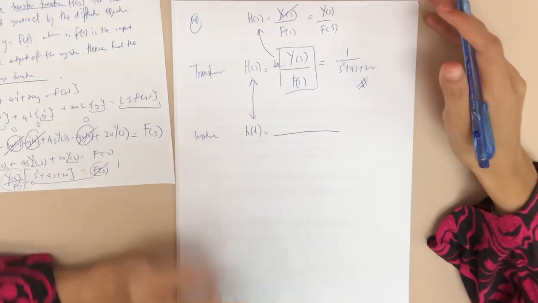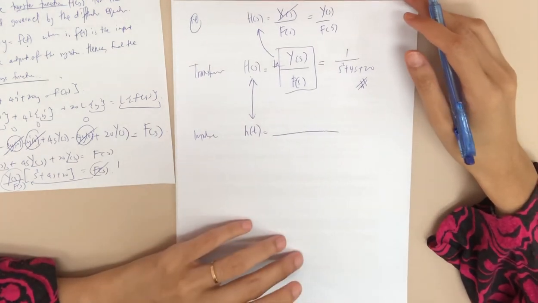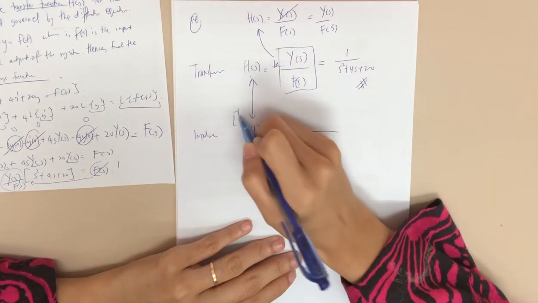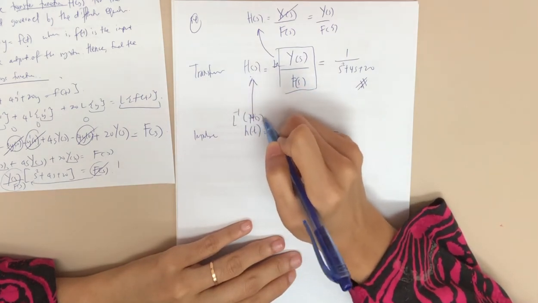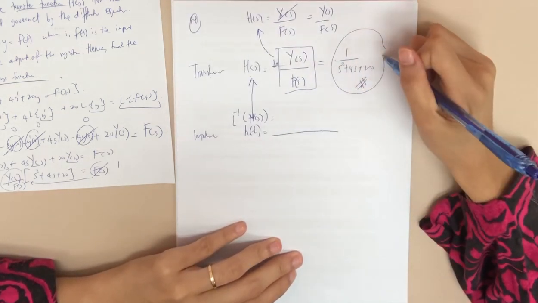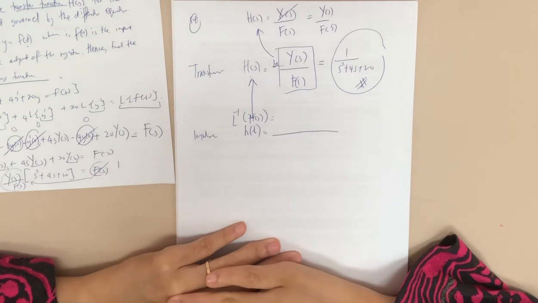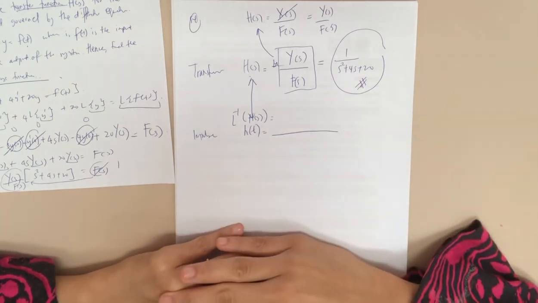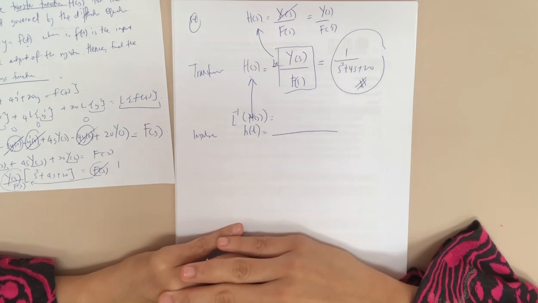Yes, you need to do the inverse. To get your h(t), you need to do the inverse of H(s). You need to inverse this equation so that you will get your h(t). So it goes back to the previous topic, which is inverse.